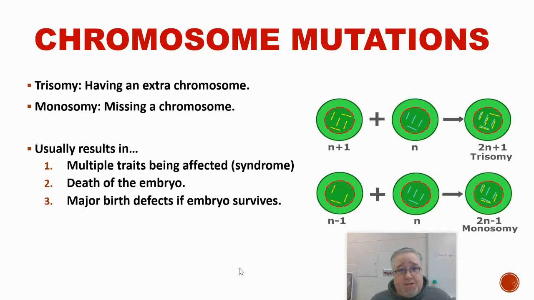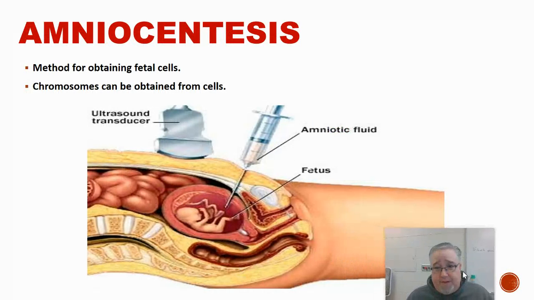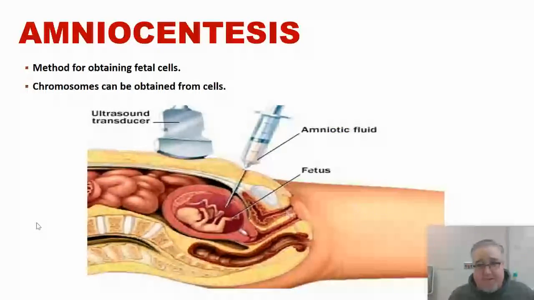Okay, so let's take a look at a few things when it comes to diagnosing this particular type of condition. There is a medical technique that's performed on a lot of women, especially older women that are thinking about having children.